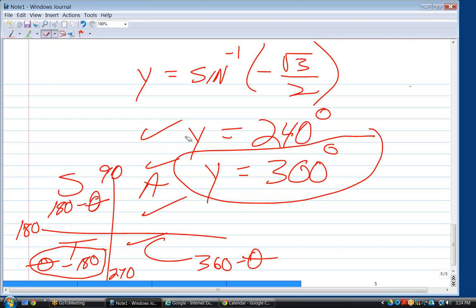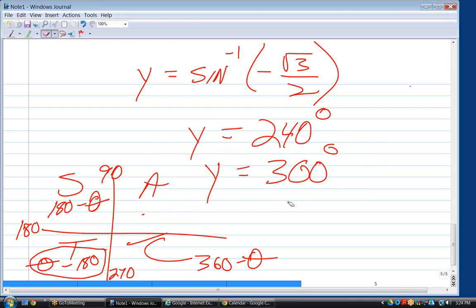In other words, there's all kinds of angles where the sine of that angle is equal to minus root 3 over 2. There's also 420. If you type in the sine of 420 into your calculator, it'll also give you negative root 3 over 2.